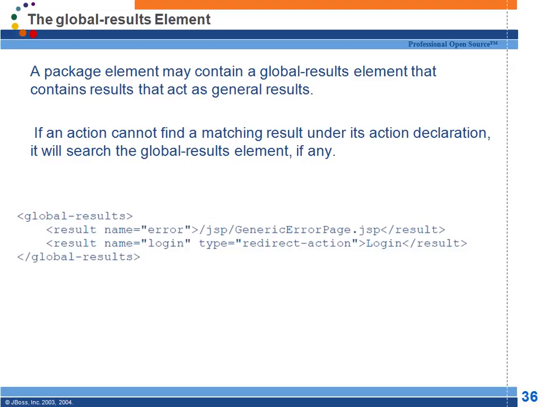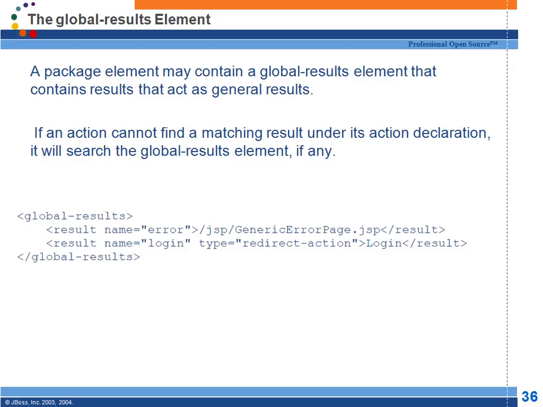Inside the action tag. So there can be a lot of action tags, and each action tag will have result tags, but there might be some common results for multiple actions. You keep the common results in a tag called global results. Like whenever an exception occurs, you may want to display a general error page. You can write a tag called global results with result type and result name, right?